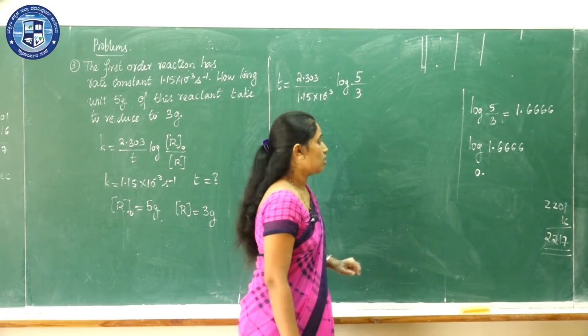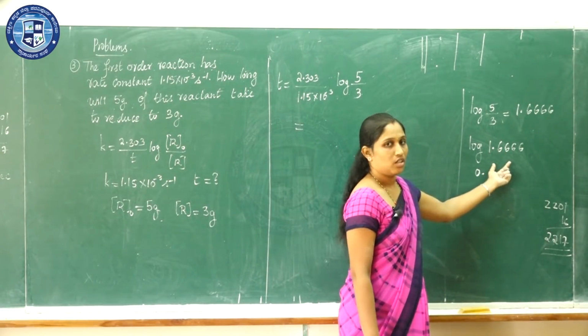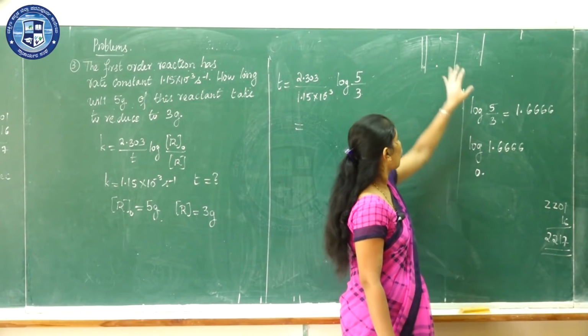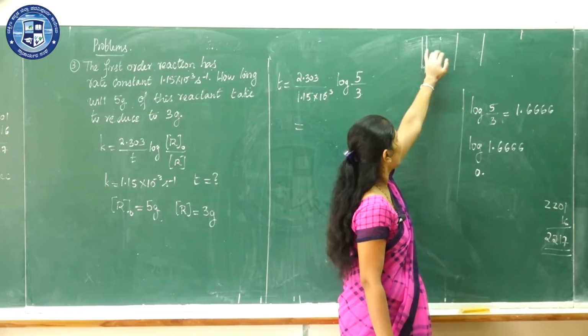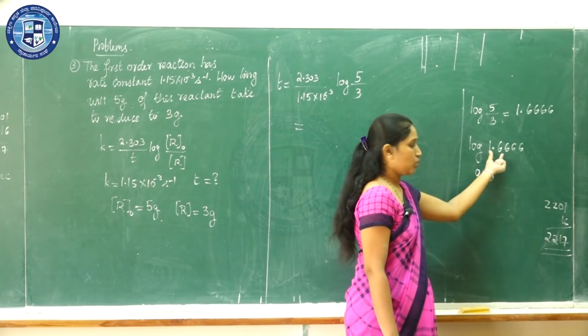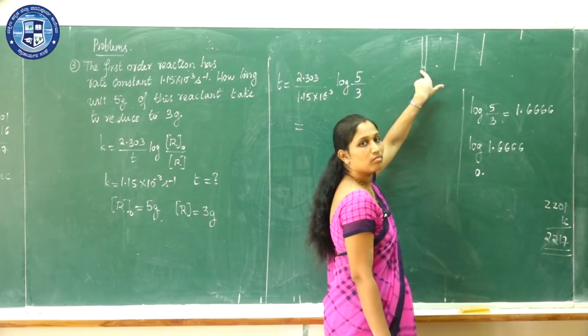Hope you understood this. For the mantissa part, you have to look at the log table. In the log table, you have 3 parts: main column, difference column and the mean difference column. Take the first 2 digits, do not worry about the point and all. Look into the main column.